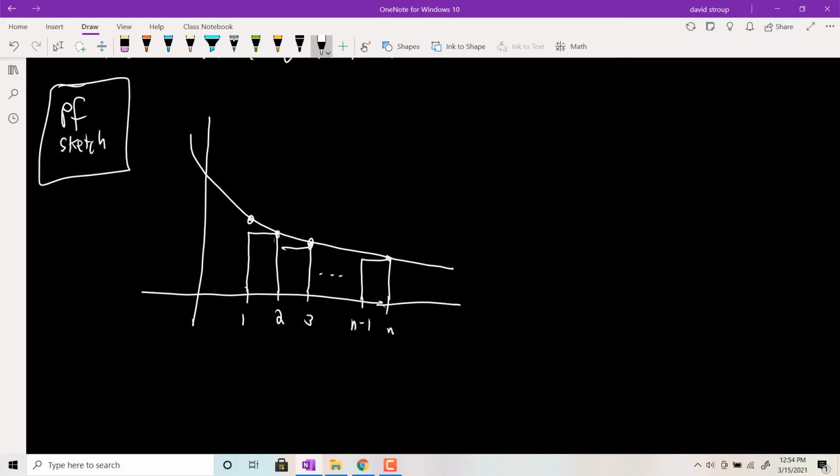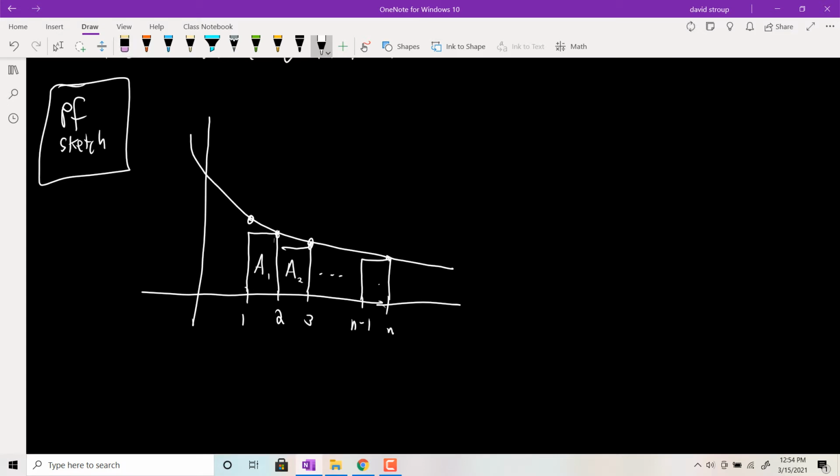Okay, so the area underneath this curve, the rectangles represent individual terms from the series. So this would be a sub 2 all the way up to a sub n. Or actually, this would be sort of a sub 2, and then, well, I'm not going to overthink it. We'll just make it a sub 1. I'm not even going to label that guy.